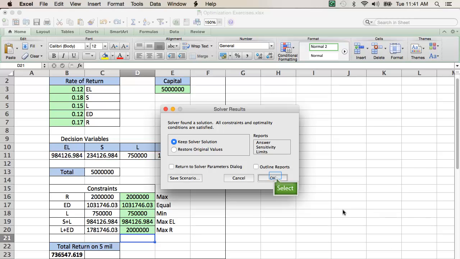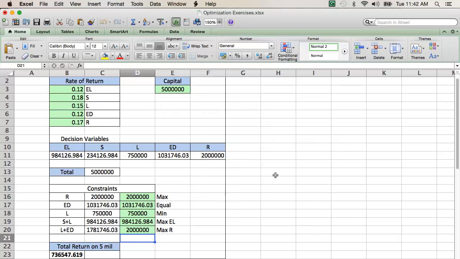And here's our answer. The amount that we should dedicate to each of the 5 market areas is shown. And we could see also that all but one of our constraints are binding constraints.